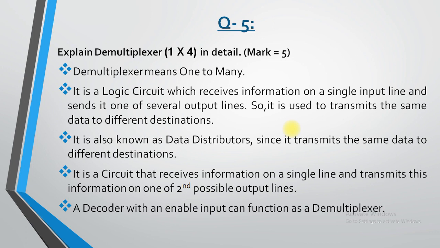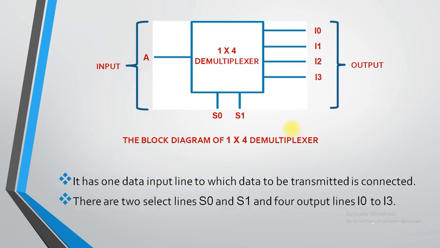As I have told you, it is also known as a data distributor because it transmits the data to different destinations. There is only a single input line and 2 raised to n output lines. You can use a decoder by passing one input line, and it can work as a demultiplexer.